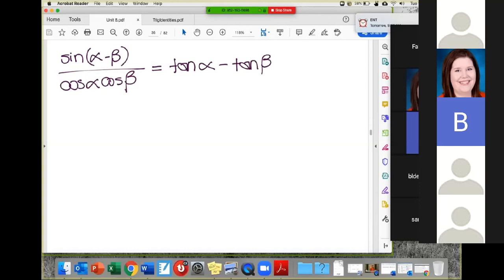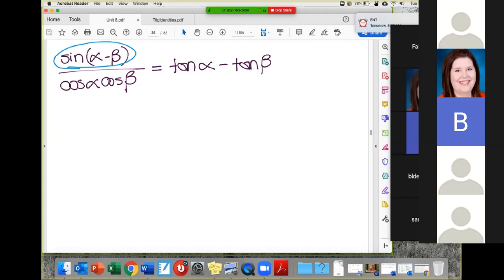So obviously start with the more complicated left-hand side. Is the top or the bottom of that fraction one of our formulas? Top. So I'm going to go ahead and find that formula on my sheet. And this is in the exact form that it's in, so you're literally copying down the expansion of that.